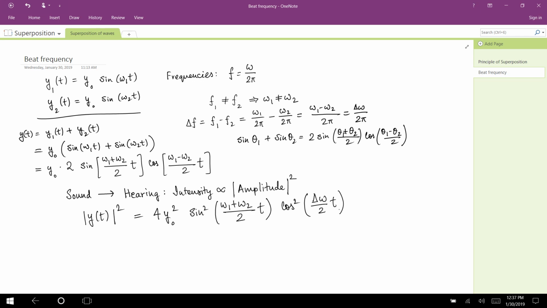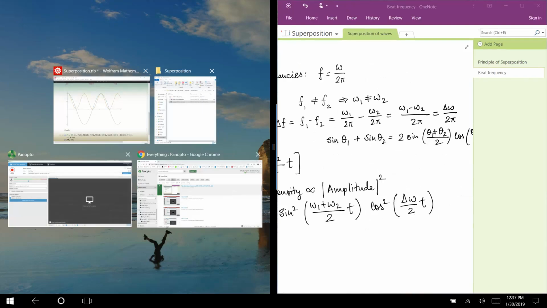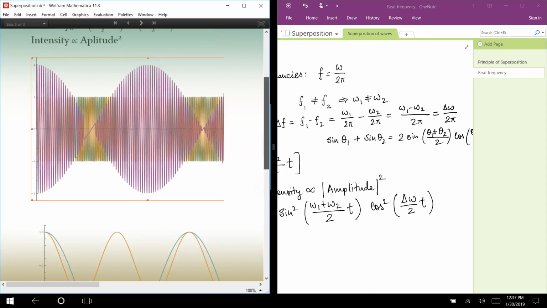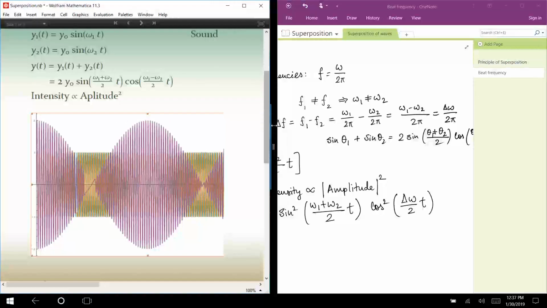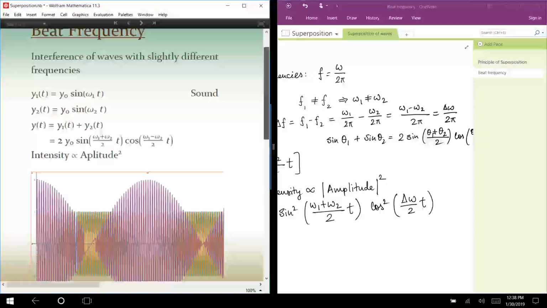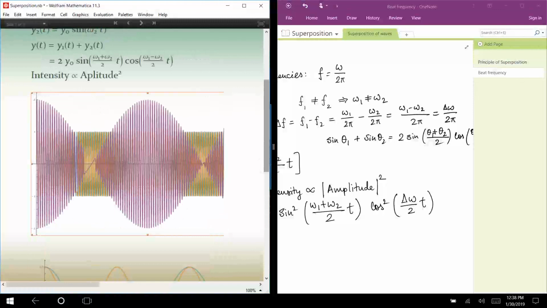So now I want to look at the amplitude as a function of time. If I look at the amplitude as a function of time, this is what it looks like, right? This particular plot has been generated for two different frequencies. The frequencies that I chose in this plot are f1 equals 100 hertz and f2 equals 102 hertz.